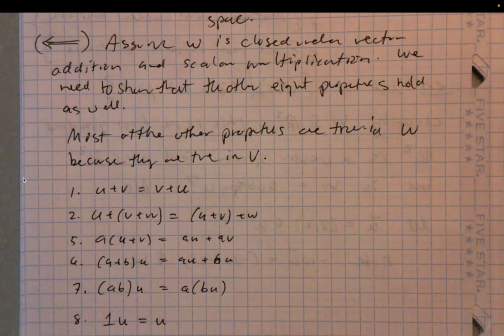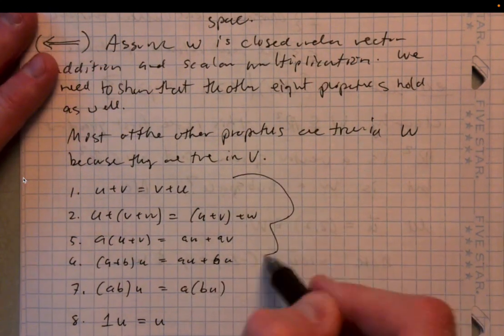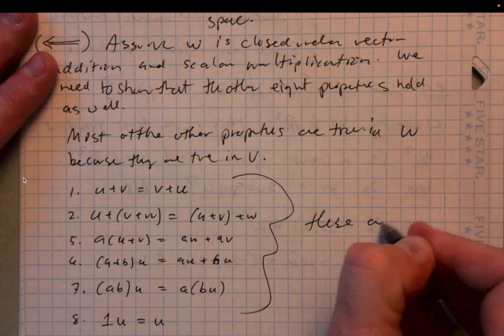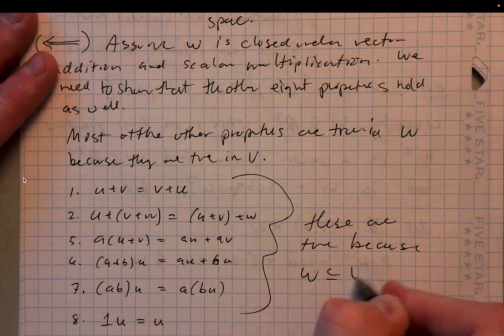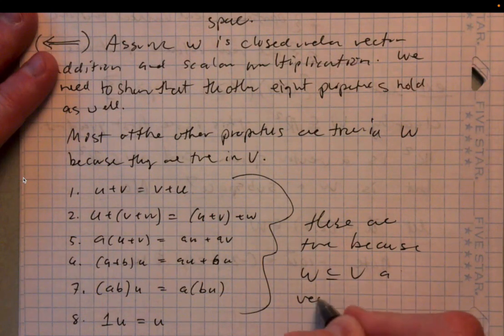All of these are obviously true because V is a vector space, and if these elements are in W, then they're naturally in V, and so all of these vector space properties hold. So these are true because W is a subset of V, a vector space.